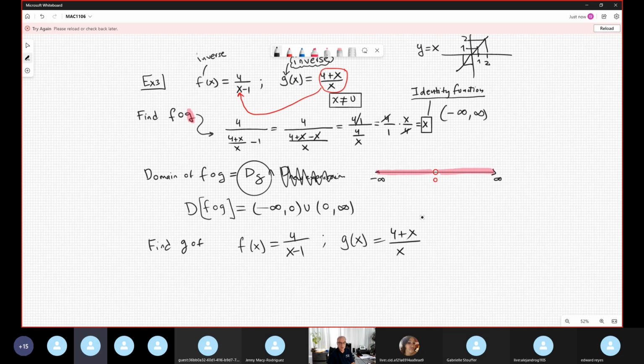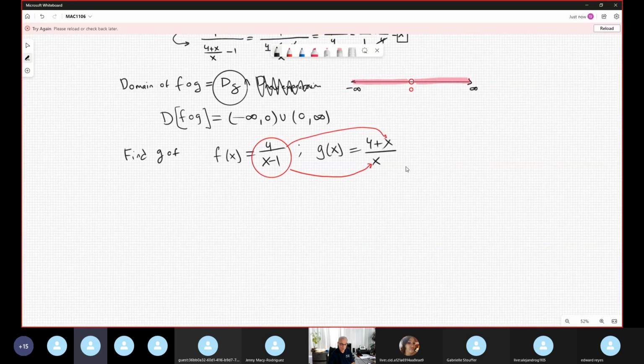Okay, in this order now, f goes inside the x here and here. Okay, good. It is 4 plus, this 4 is this. This x now is 4 over x minus 1. This x is exactly 4 over x minus 1.